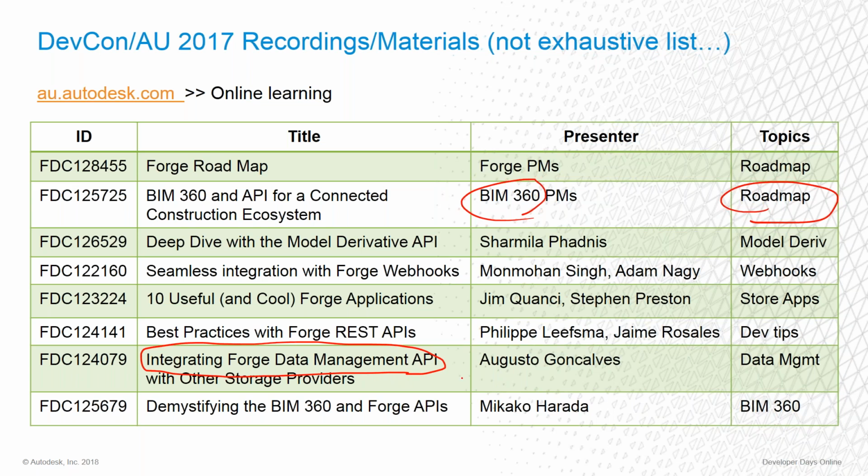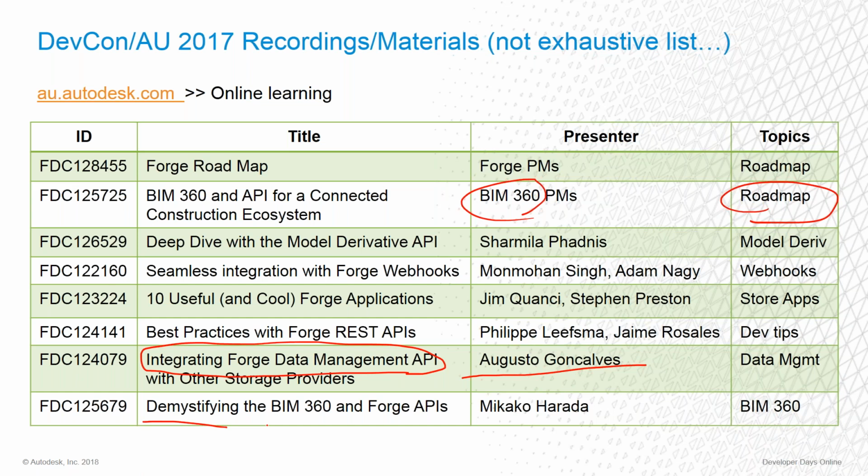We got very good feedback about this, so this might be a good one to take a look if you are interested in putting the file in the storage. And there are a lot of small tips and tricks when you are using BIM360 docs, and this is the one I presented. This might be interesting as well.